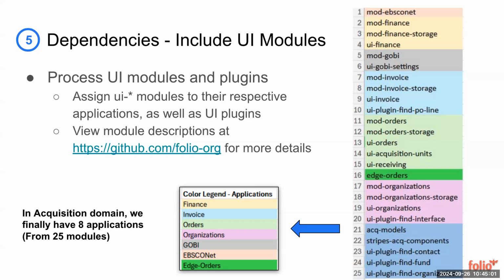And this analysis has led us to conclude that we have basically 8 applications in the acquisition space. We derive the color code summarized in here, including this oddball. And so I think it was pretty successful to get a picture of how to get your applications out of a group of modules.